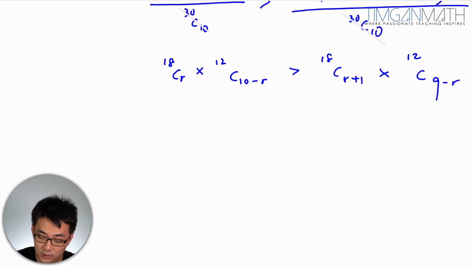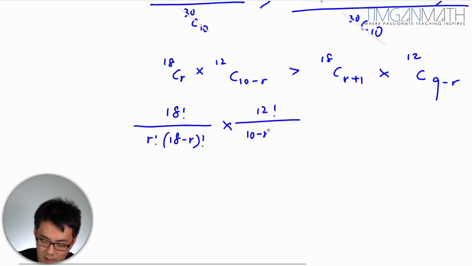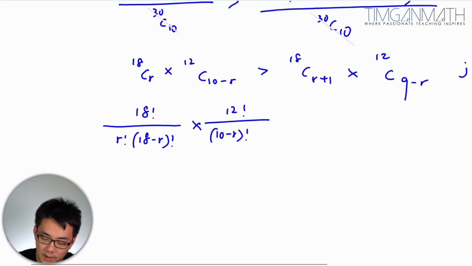Then I'm going to just write this down. This will be 18 factorial over r factorial, (18 minus r) factorial, multiplied by 12 factorial over (10 minus r) factorial, then (12 minus (10 minus r)) factorial. I'll slowly just write it down.